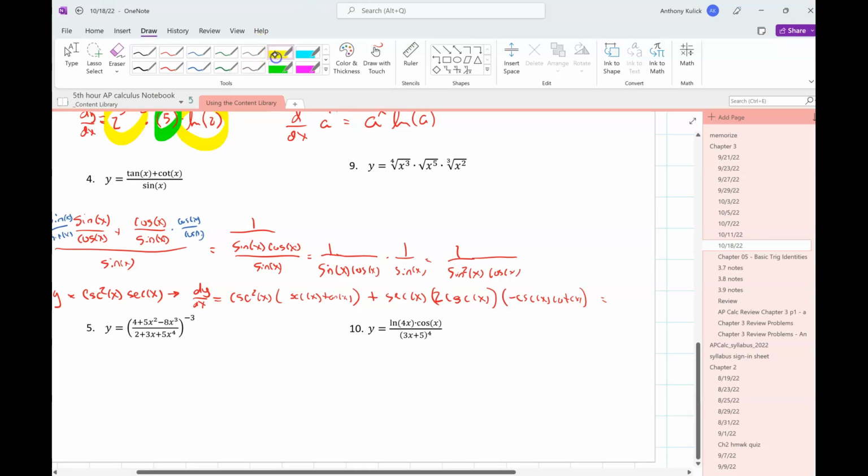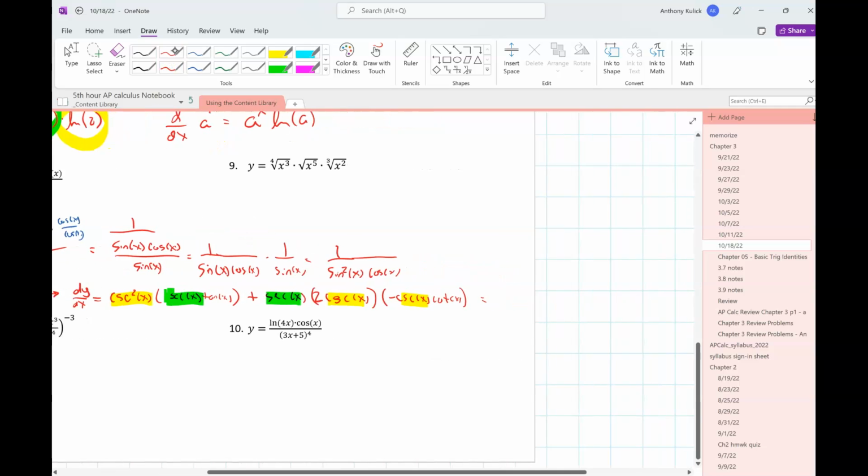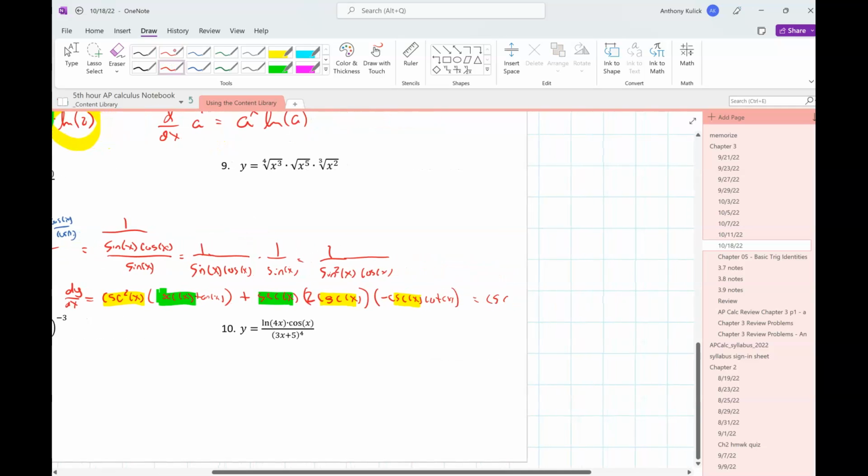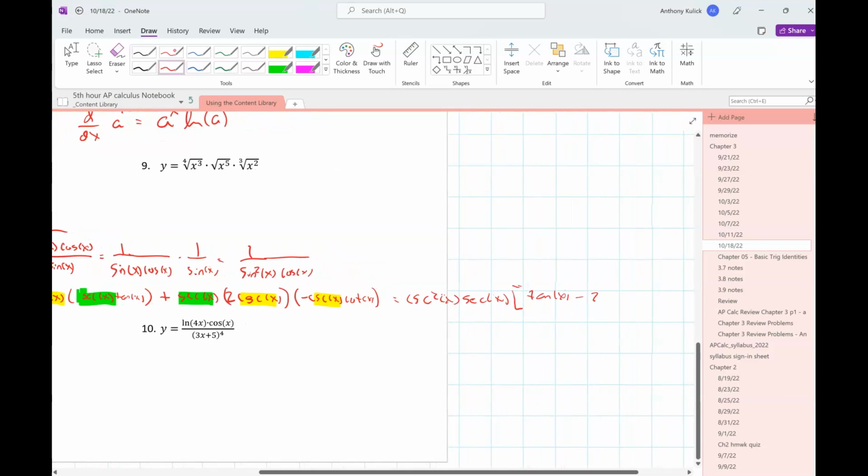Right, so what do we have here in common? I can take out a cosecant squared, and I can take out a secant. And then that leaves me with tan x minus 2 cotan x. And that's probably as good as you could hope to do with that.